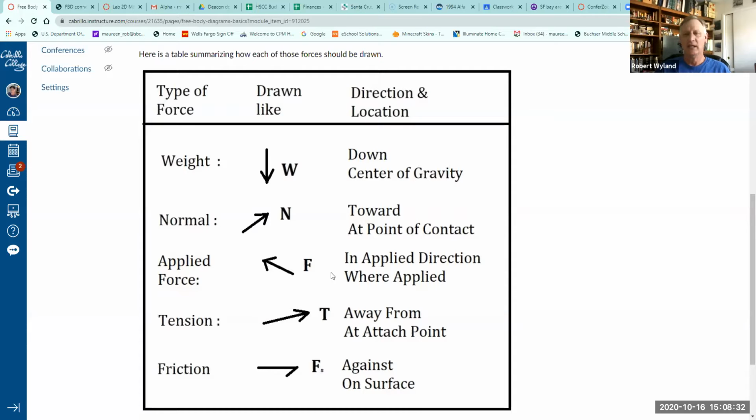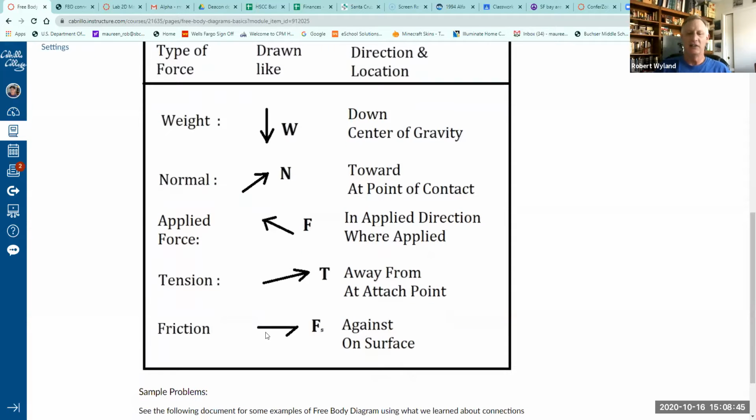Your applied force in the direction applied and where applied, and again, it's nice to draw as an F. Tension typically is T, and it's always away from the attach point. And lastly, we have friction, and you do it against and then on the surface.